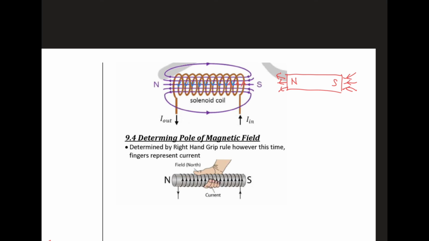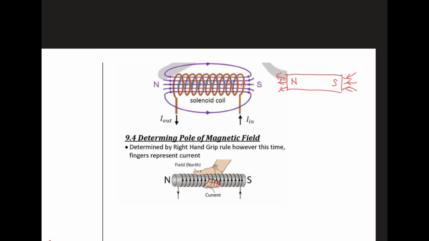What we need to do is use the right hand grip rule in a slightly different way. As you can see here, the four fingers now represent how the current flows. Previously it was the other way around. Previously, the thumb pointed to the direction of the current, for a straight conductor or circular coil, and the four fingers represented the magnetic field. But now it's the other way around.